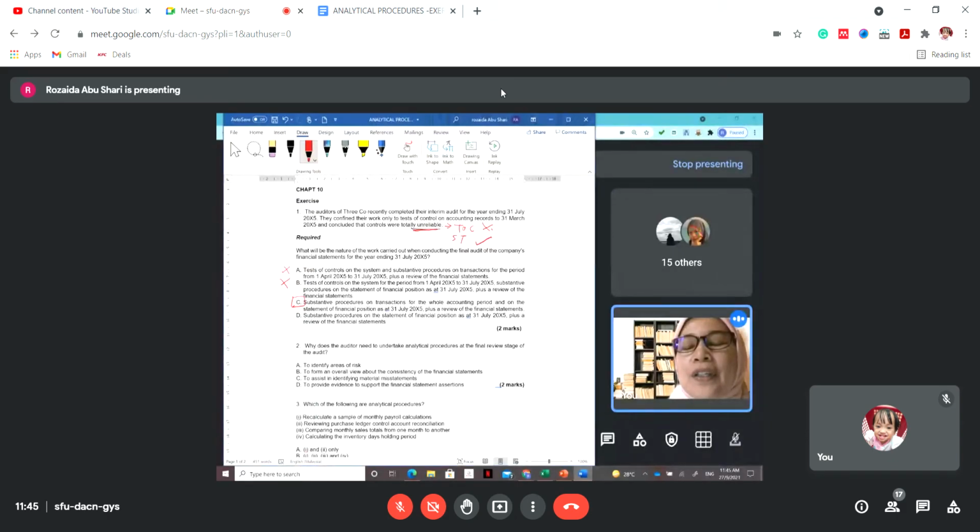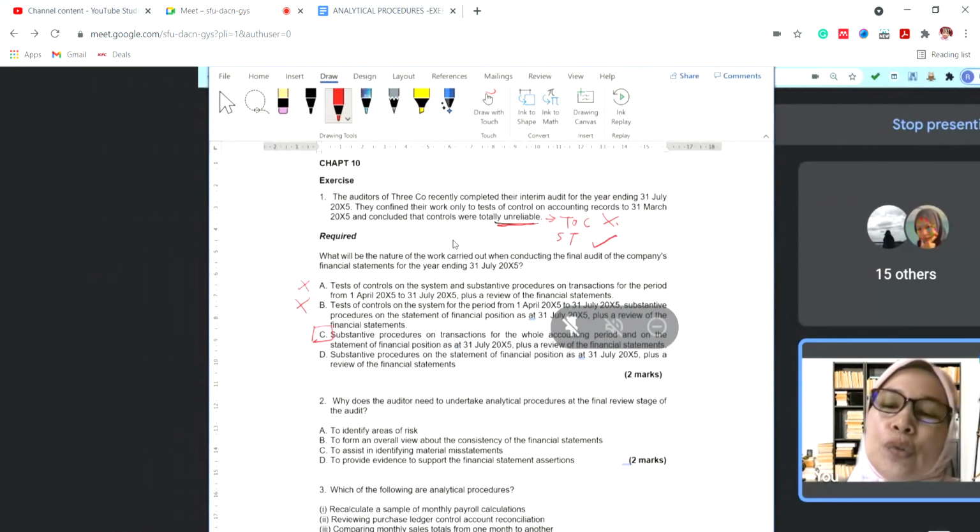What is the difference between C and D? Both substantive procedure. Tapi what is the difference? In order for you to choose C is the answer.